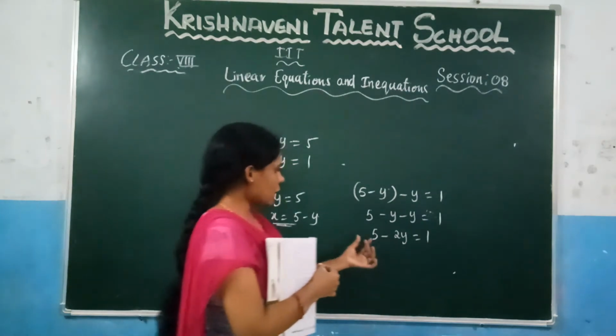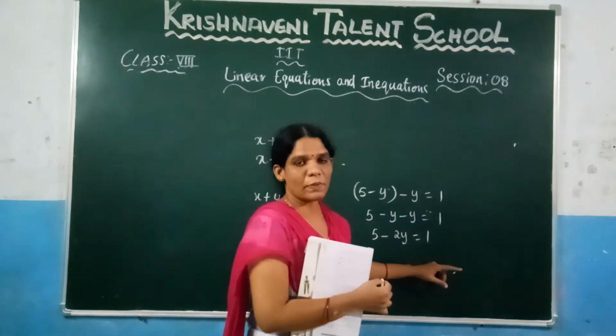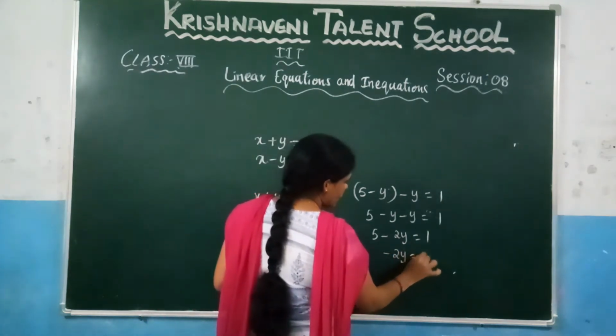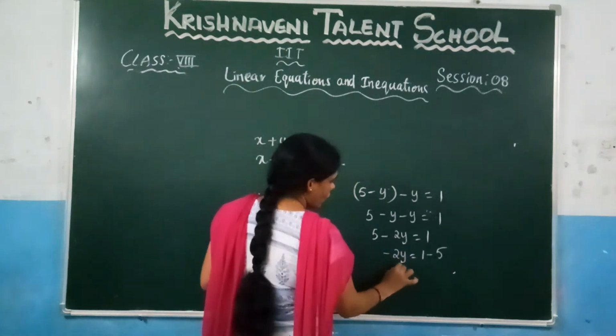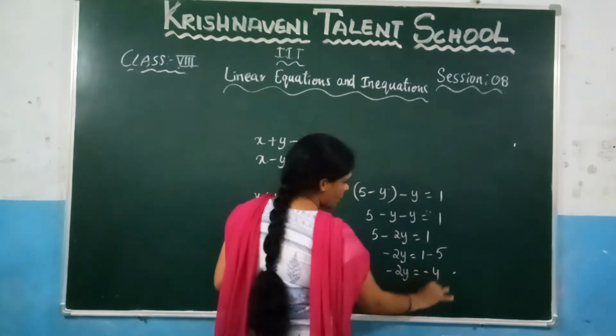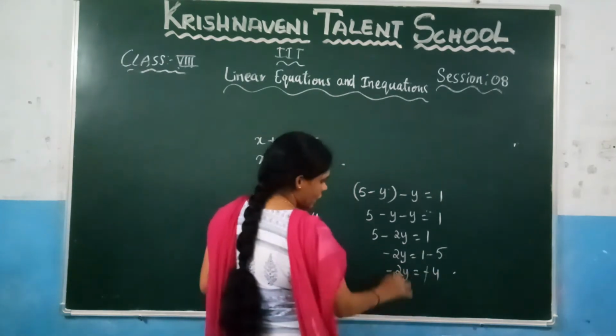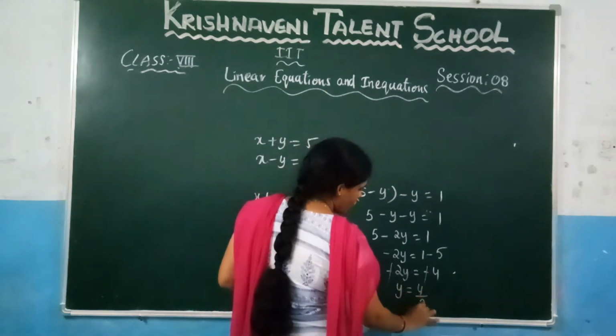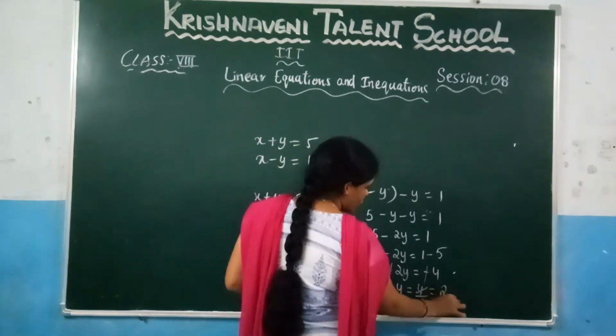Now take this plus 5 to that side, it will become minus 5. So you will get minus 2y is equal to 1 minus 5. What is the value of 1 minus 5, which is minus 4. So here this minus will get cancelled. What is the value of y, which is 4 by 2, which gives you 2.